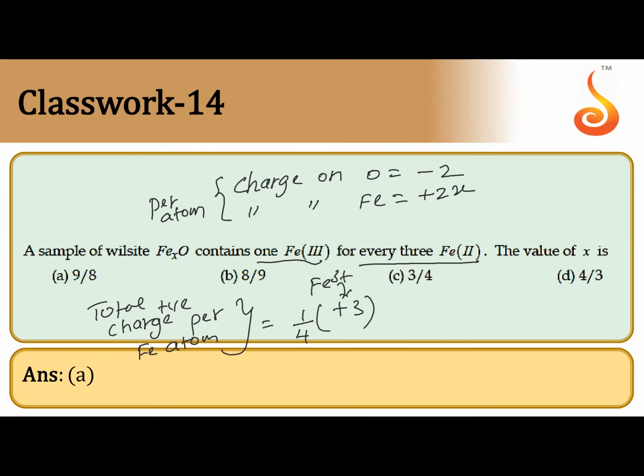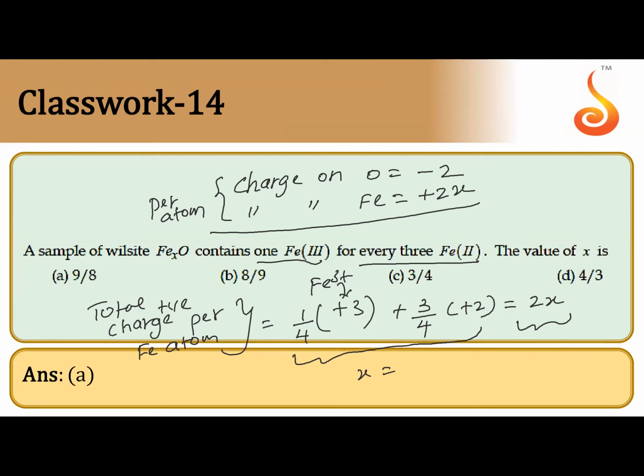And out of 4, 3 atoms are Fe2 plus. So Fe2 plus charge is plus 2. This value will be equal to 2x. So this is the total number of charges per iron atom we have calculated. So calculate x. Calculate x and see what answer you are getting.